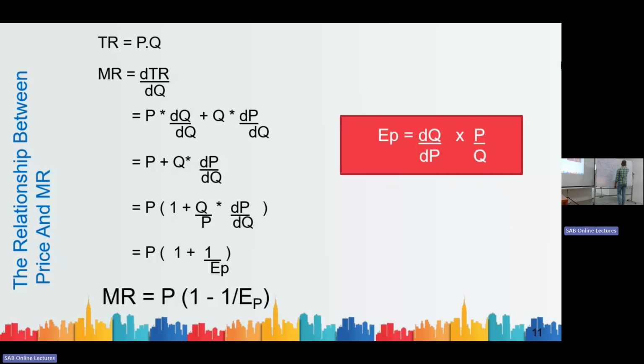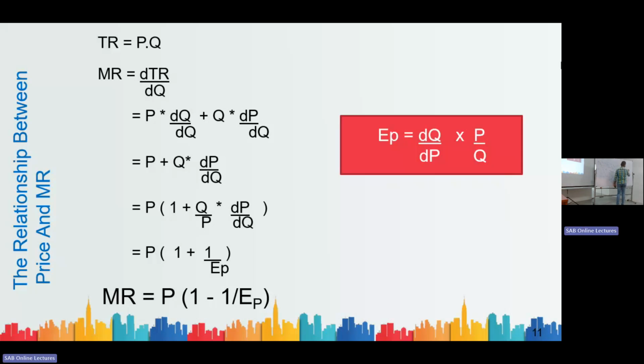MR equals P into 1 minus 1 over price elasticity. Price is 10 multiplied by 1 minus 1 over 1. 1 over 1 is 1.